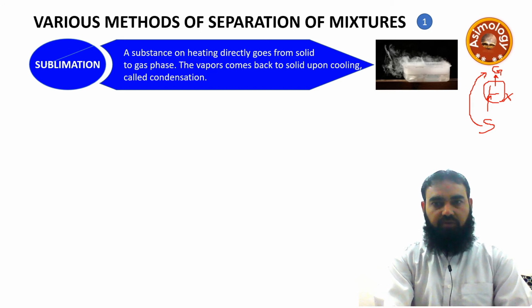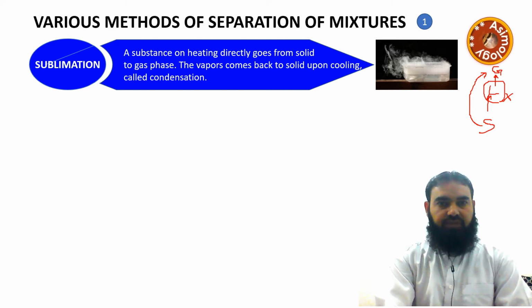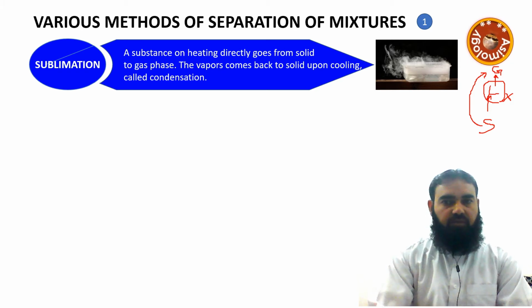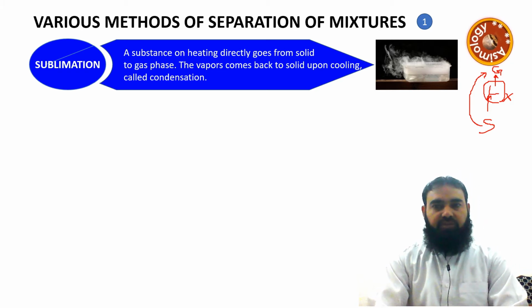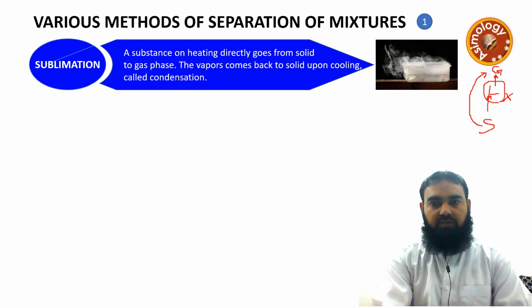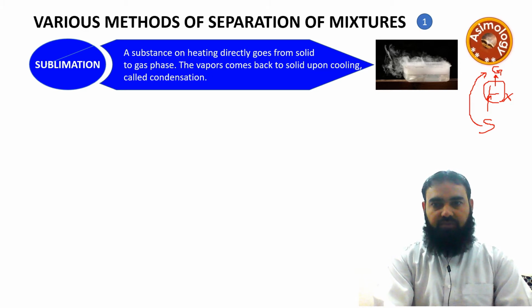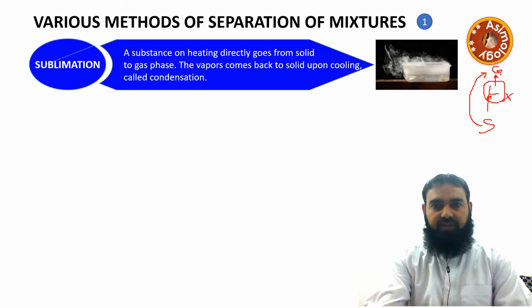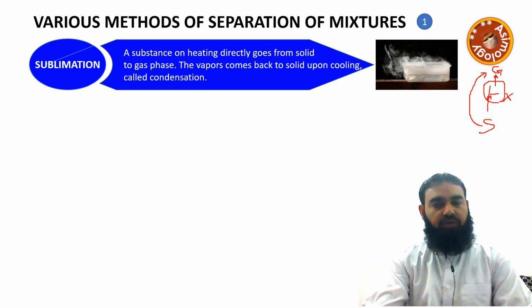When a sublimable substance is heated up, it goes to gaseous state. So if this sublimable substance has some impurities in it, if it is impure, you can purify it by taking advantage of its sublimable property. You heat up this substance, it goes to vapors, and you collect the vapors and recondense them.